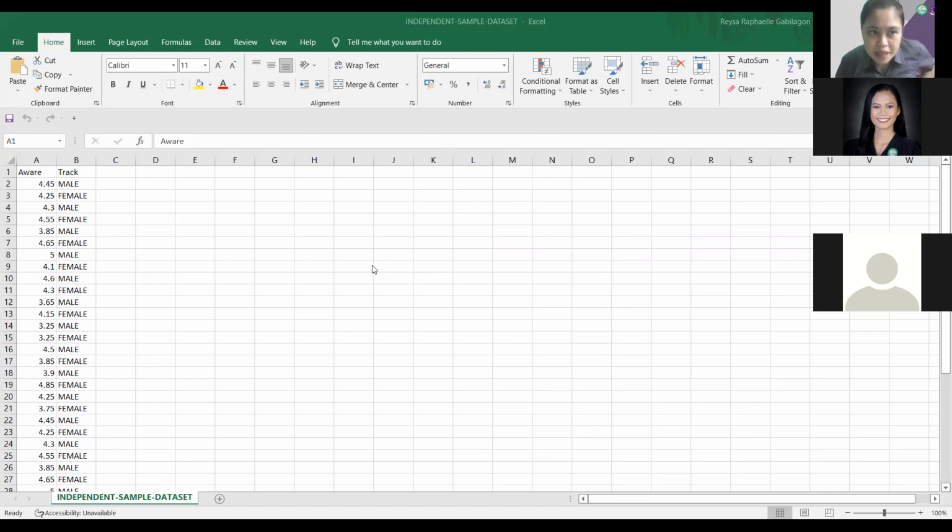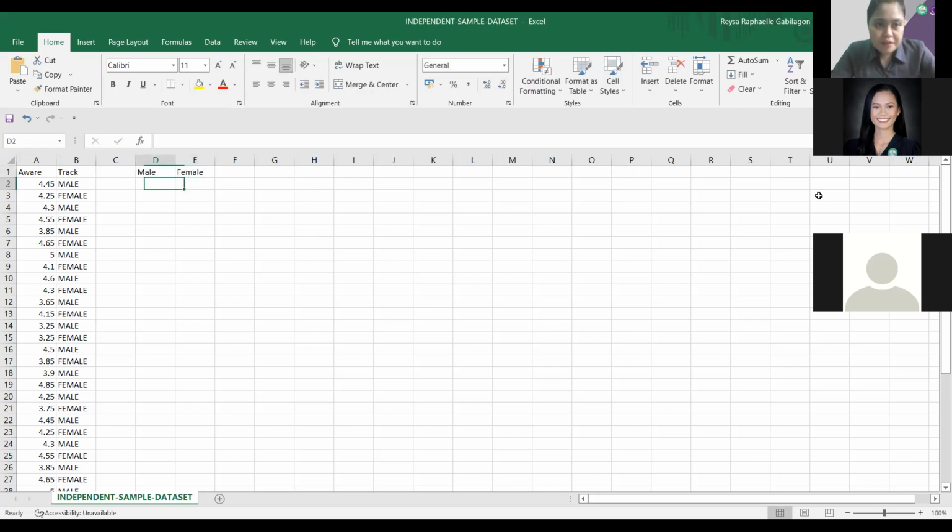Hindi ko din magagamit si Excel dito kasi iba yung pagka-encode ng aking data here. Sa Excel kasi dapat nakahanay. When I say nakahanay sa Excel, kailangan properly ma-identify like this one. Ganito dapat yung pagka-encode kung Excel yung gagamitin natin.